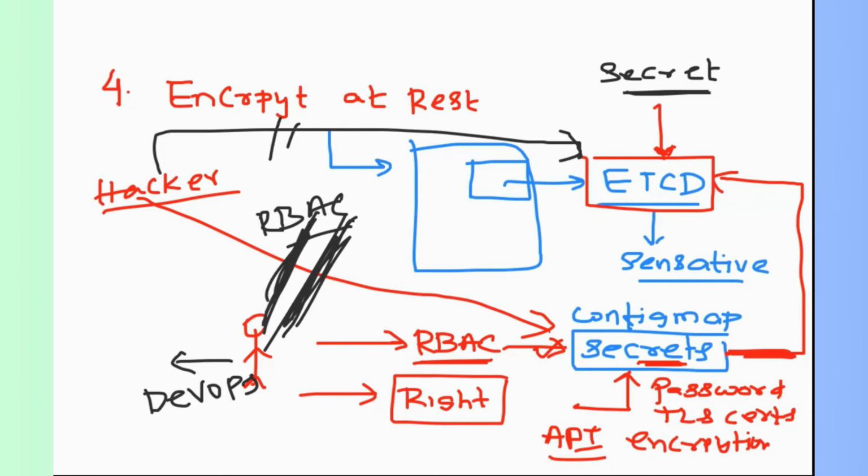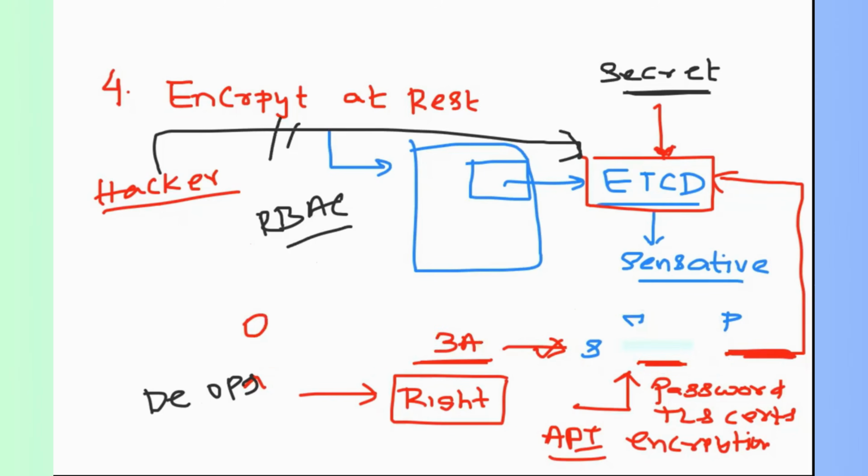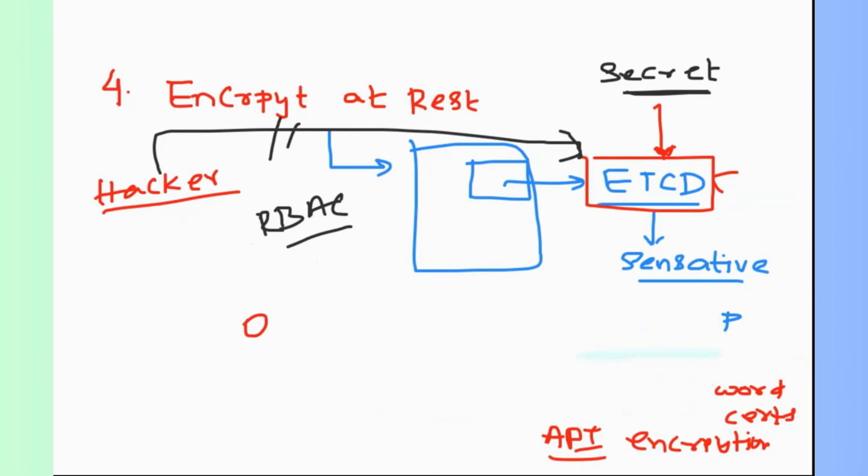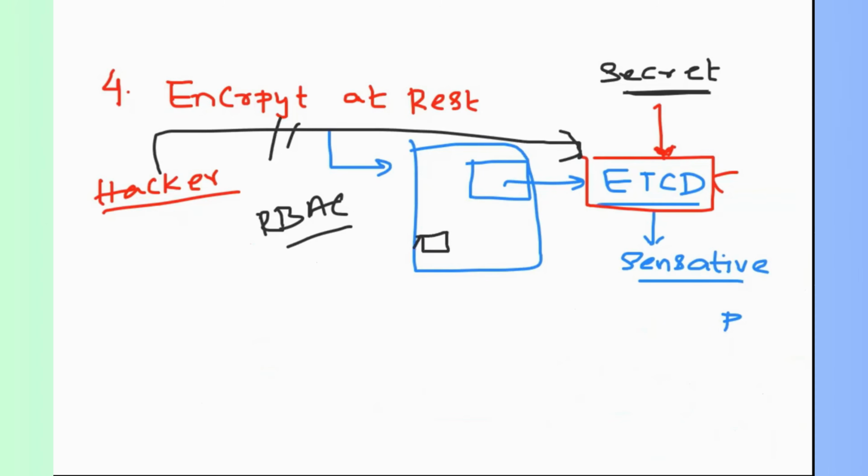So what you need to do, as DevSecOps engineers, is secure the information in etcd. Let's say you have created a resource called secret here. Whenever this secret is going to get saved in etcd, you have to ensure that in between there is an encryption mechanism.